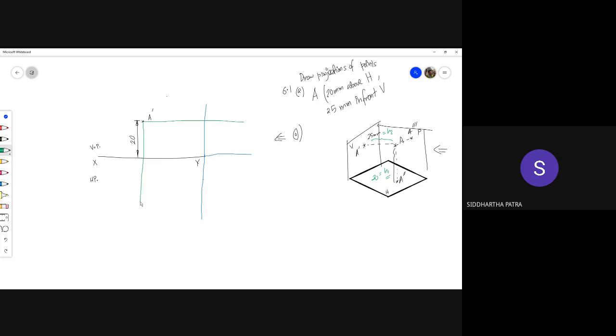So now for the A prime, A double prime, show the dimension. And this is how your arrowhead should be in a dimension line. It should be completely black.